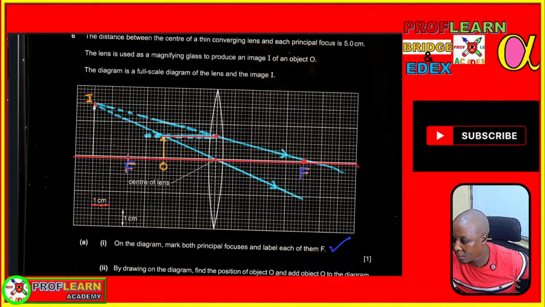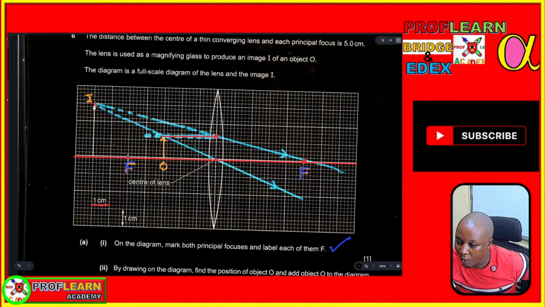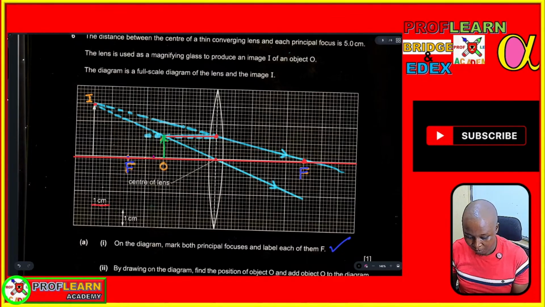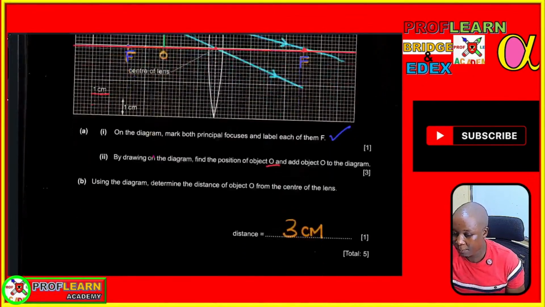So from this point, you draw a line parallel to the principal axis. Where that line meets this line running this way, that is where the tip of the object is. Then our object is located at this given point. So basically, you are reversing the process of constructing an image. I believe we are together up to that point.